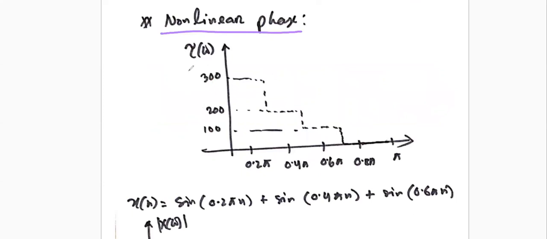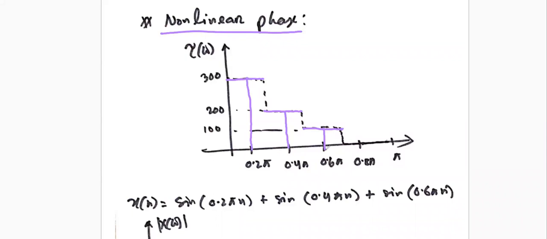So let's say for 0.2 pi, the group delay is 300. For 0.4 pi, the group delay is 200. And for 0.6 pi, the group delay is 100.